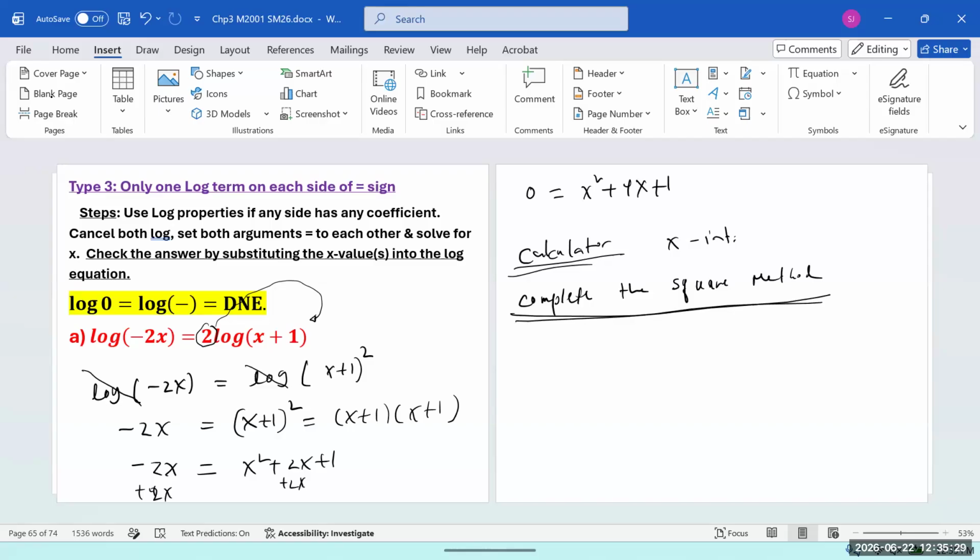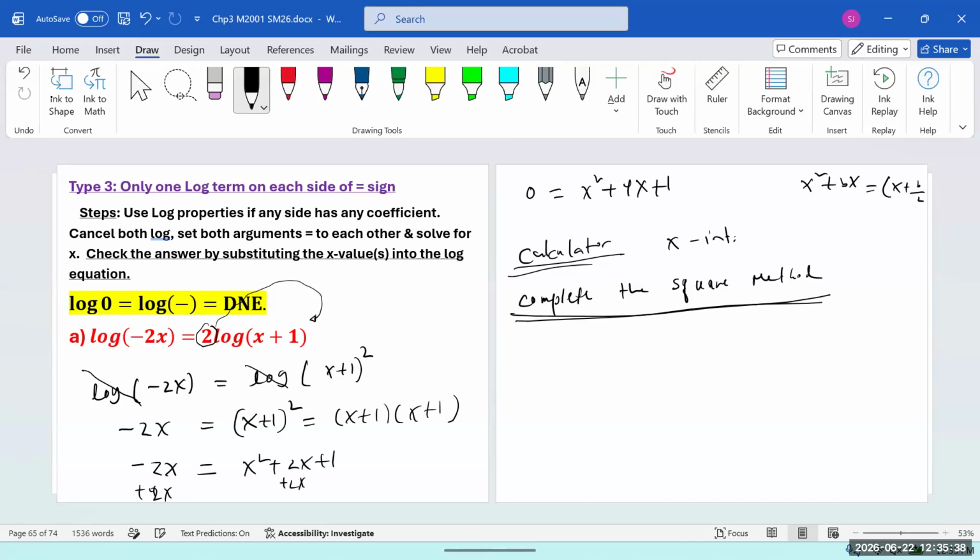In complete the square method, we rewrite x squared plus bx as x plus half of b squared, and we subtract half of b squared. So we can rewrite this thing as x plus, what is half of 4?